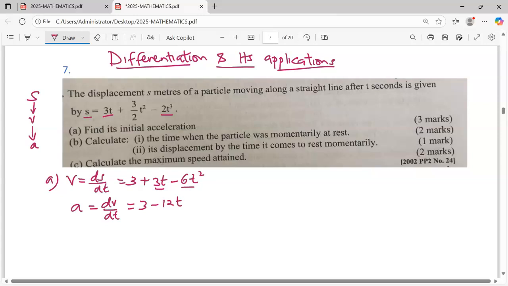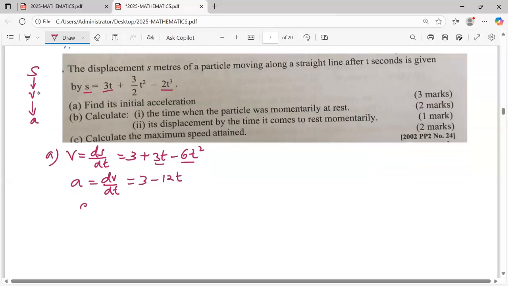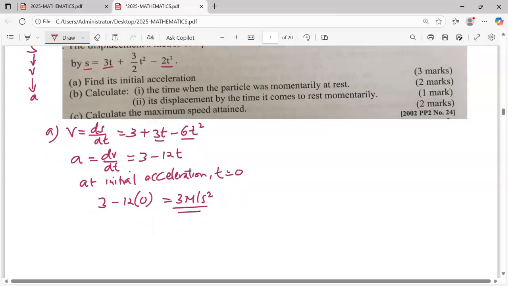And remember that at initial acceleration, the value of t is 0. Therefore we have 3 - 12 times 0, which gives us 3 - 0, which is 3 meters per second squared as the initial acceleration.